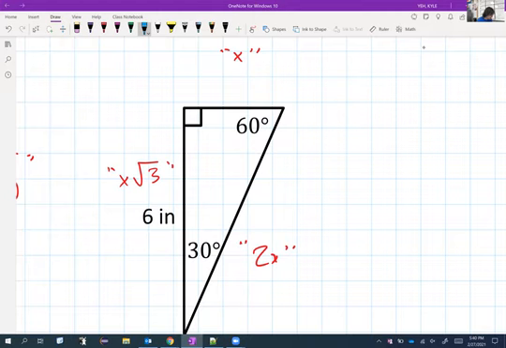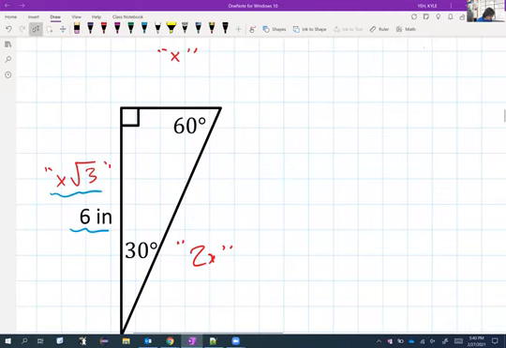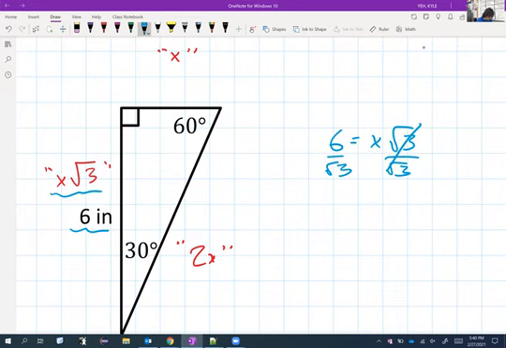So let's do kind of what we did on the 45, 45, 90. I'm given that 6 equals x root 3. If I want to know x, I'm just going to divide by root 3 on both sides. And 6 over root 3, I know I cannot have a radical in the denominator, so I'll multiply by root 3 over root 3.